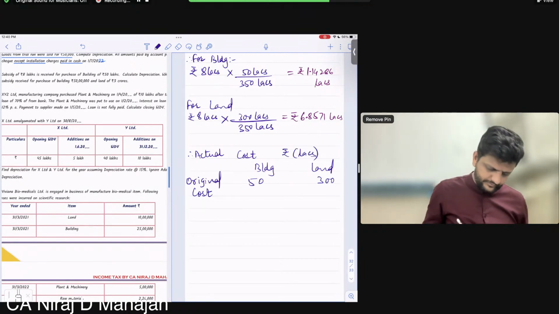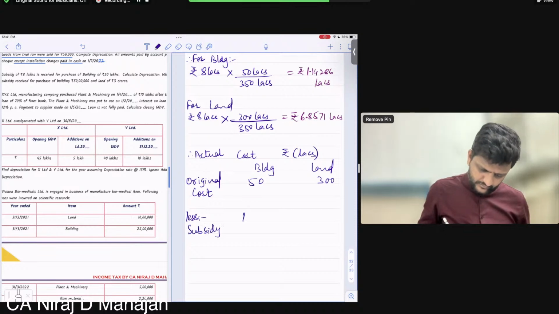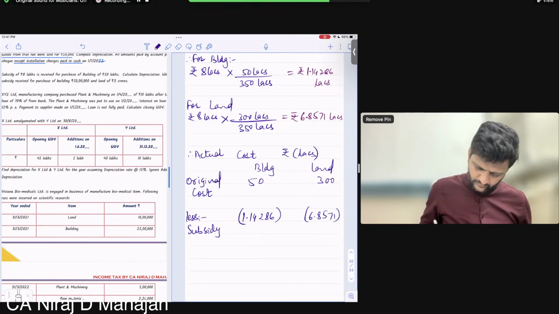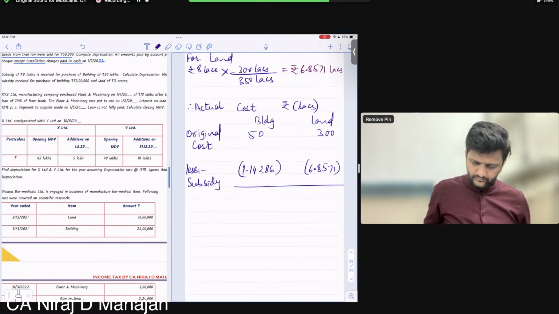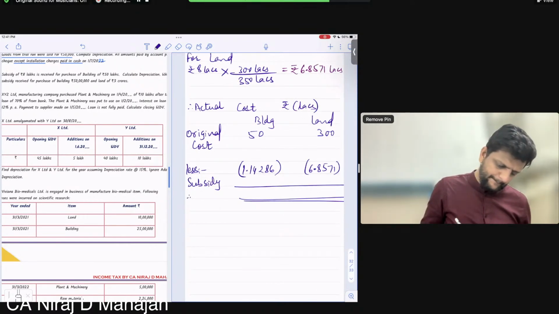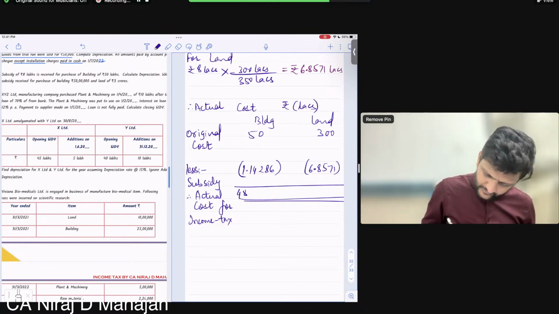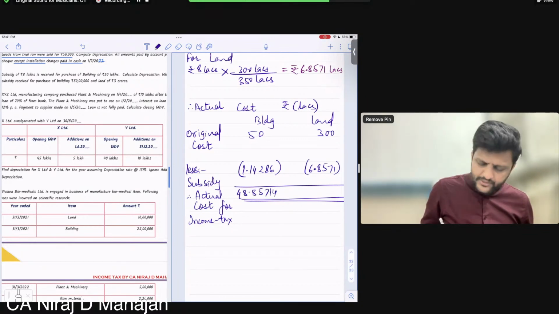Rupees in lakhs. For income tax, obviously we are not going to depreciate land, but for understanding purposes, there's 48.85714 and there's 293.1429 something.